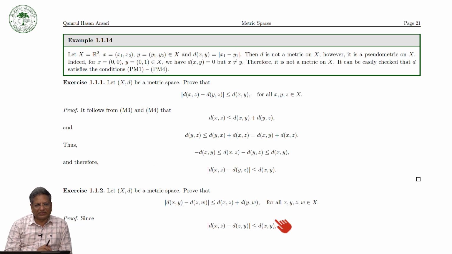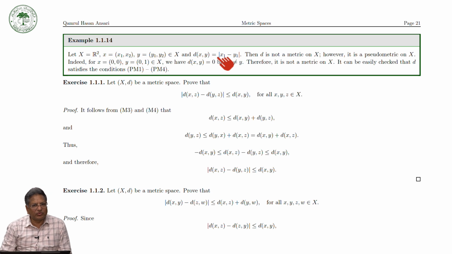Now let us take some examples here, and then we will come to some more exercises. First, let us take X equal to R2, and x and y are any two elements in X whose coordinates are x1, x2 and y1, y2 respectively, and we define d(x,y) equal to mod of x1 minus y1.